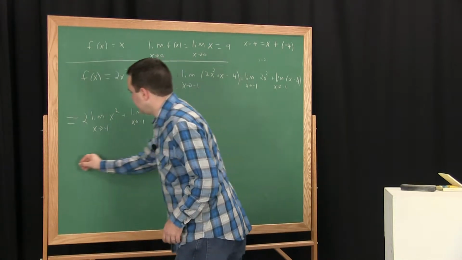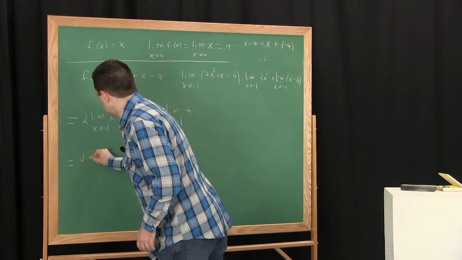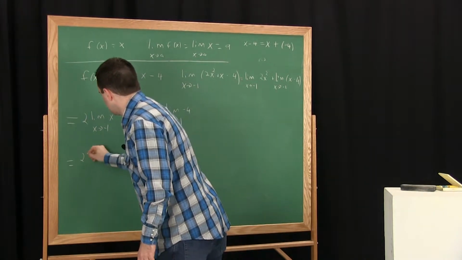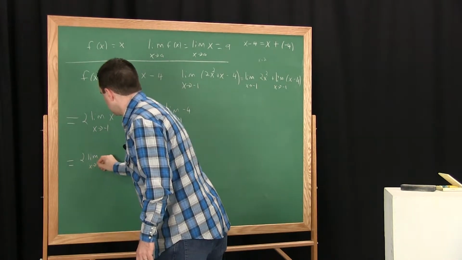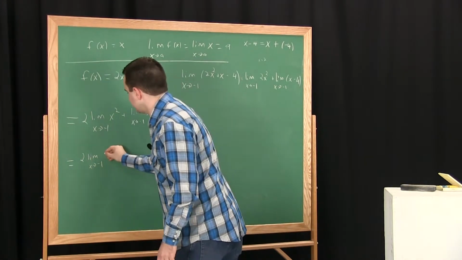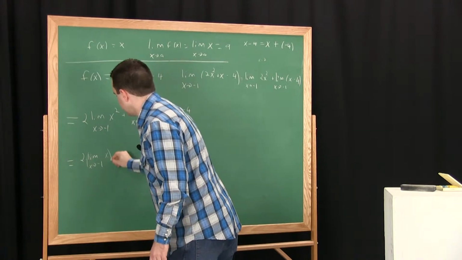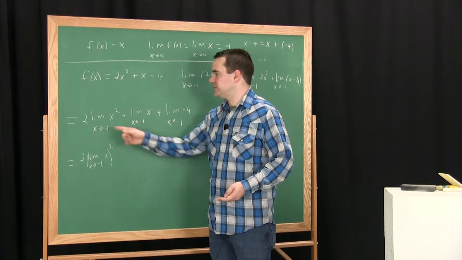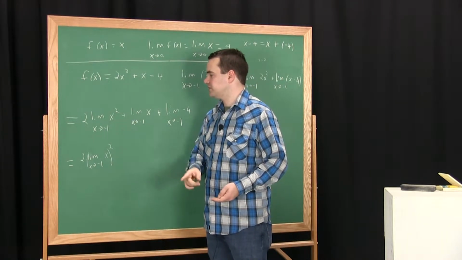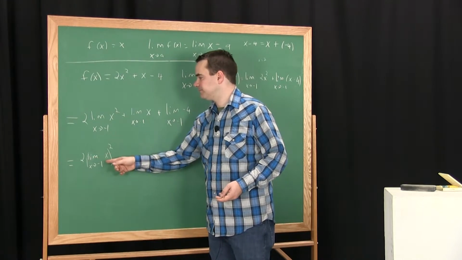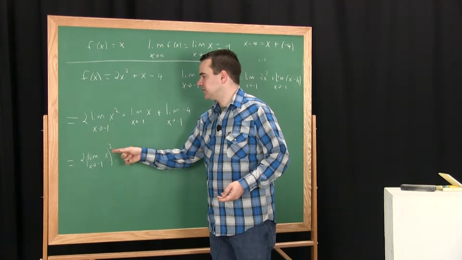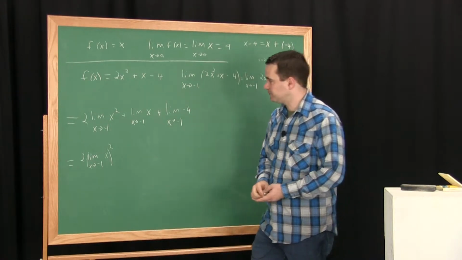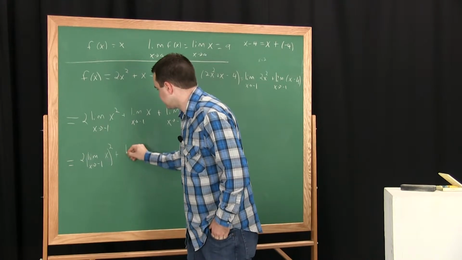In fact, the limit of x squared is equal to the limit as x goes to -1 of x, and then squared. That's what that exponent rule said, right? The limit of the function squared is equal to the limit of the function, and then square that quantity. So I've used that exponent rule, I've used that product rule. And you add the rest to it.